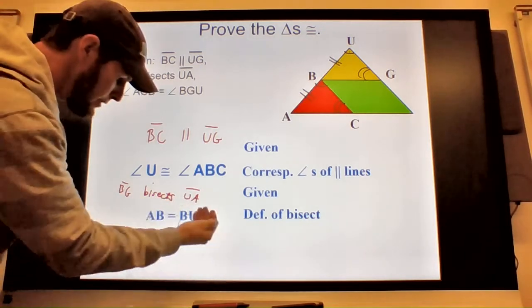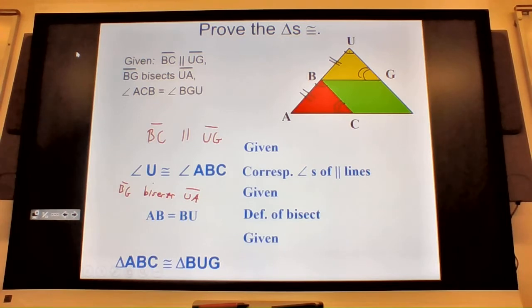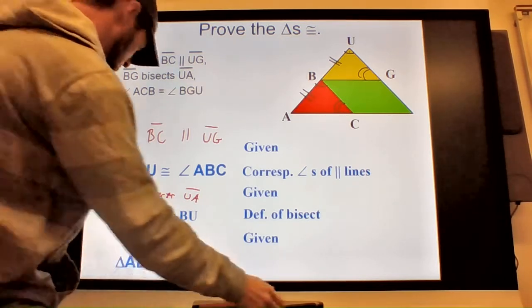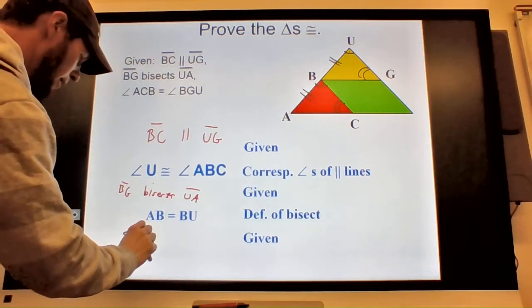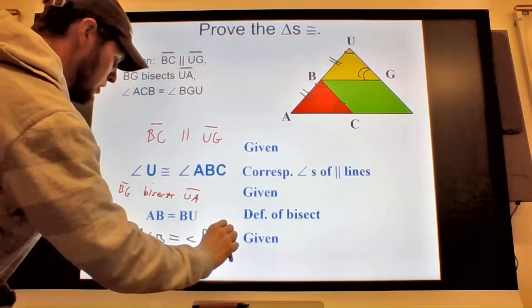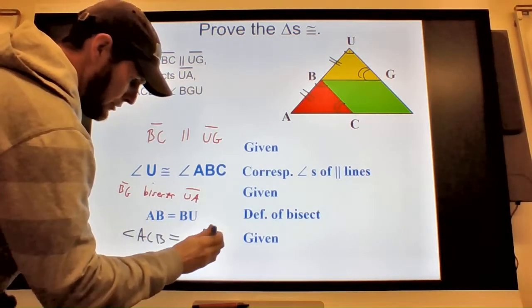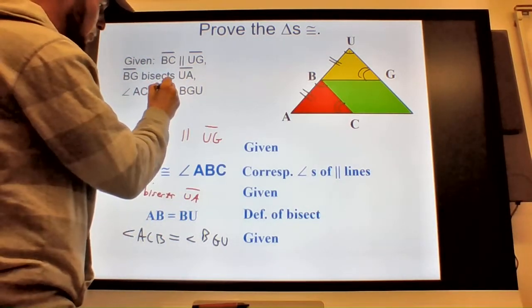I should put this in here though. Angle ACB equals angle BGU. And if I was in class, somebody would ask a really good question: can this be a congruent sign?